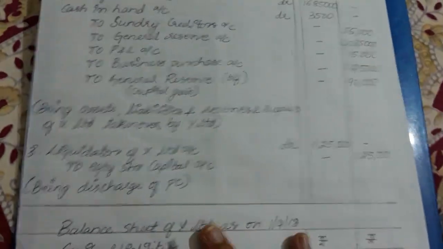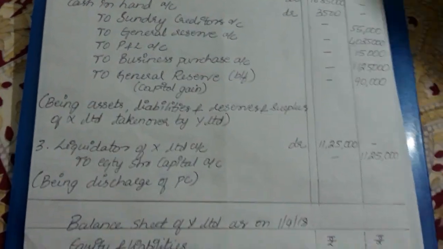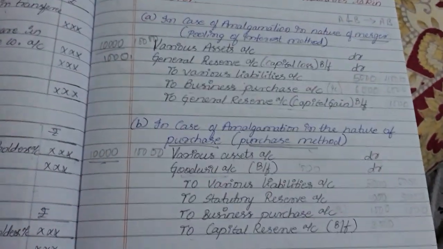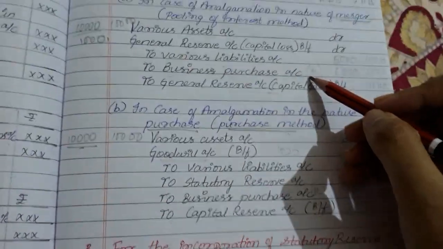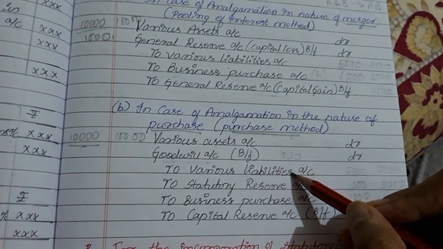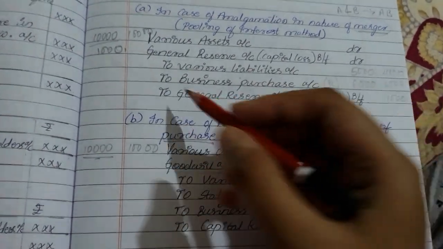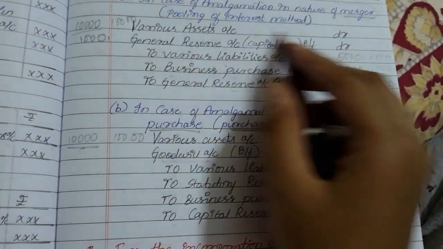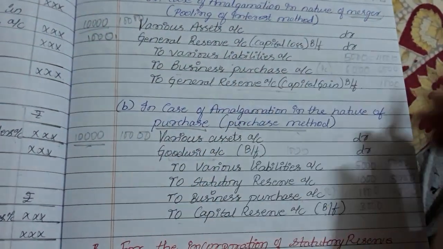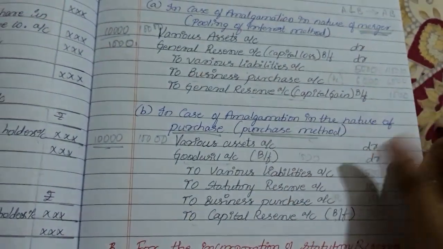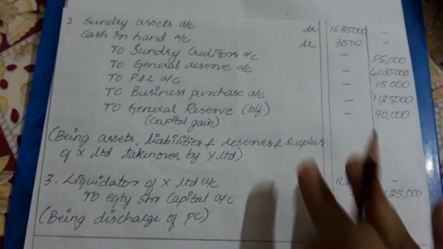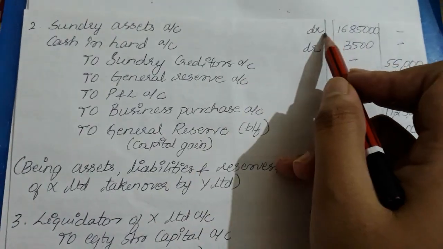Next entry is regarding the taking over of assets and liabilities. Here you can see this entry will differ between merger and amalgamation in the nature of purchase. If it is in the nature of merger, with various assets, and if there is a loss or a profit, we will take this entry for that purpose. How to pass that entry? We take all the assets, sundry assets account debit.